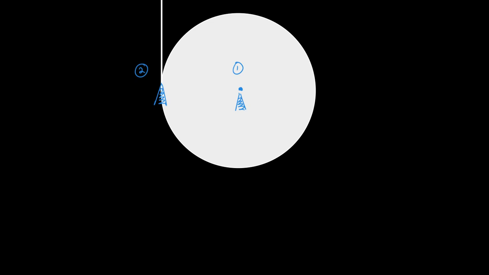If we use 2 as our pivot point, then our torque is going to come from the force of gravity. There are 2 forces acting in the system. There's the force of gravity acting downwards, and there's tension acting upwards.